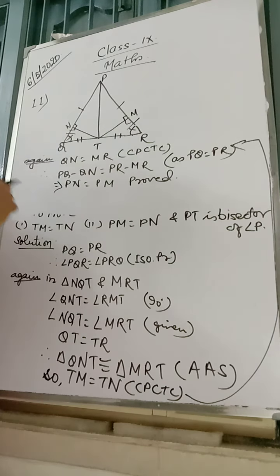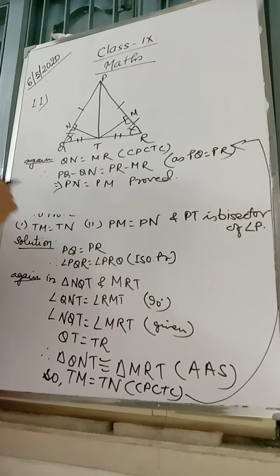In triangle PQT and triangle PTR, PQ is equal to PR, QT is equal to TR, and angle PQT is equal to angle PRT.